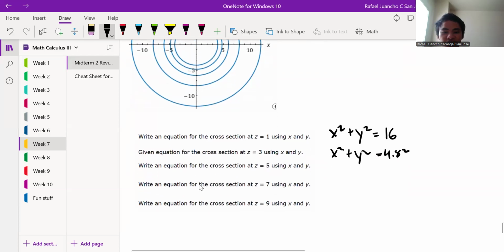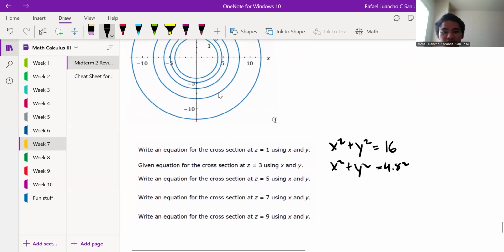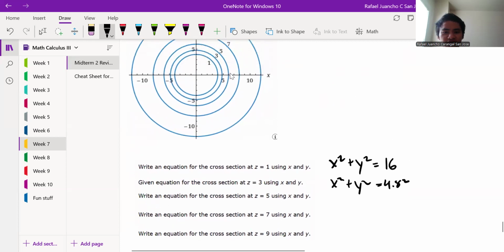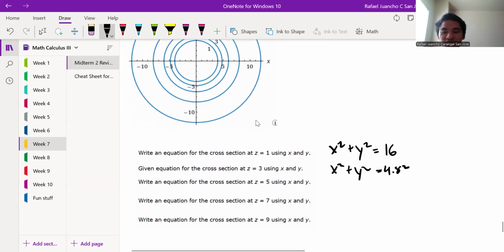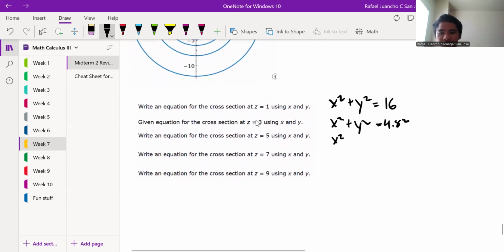Then the equation for the cross section at z equals 5. Where is that? Is this one? 5 is here, so it has 4, 5, 6, so 36. Again, this is really just finding the equation at each level curve. And then when z equals 7, I look here again.